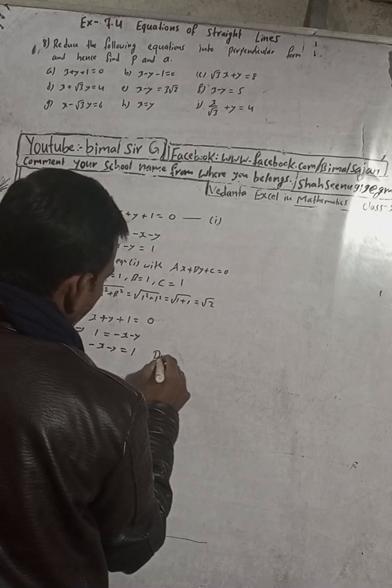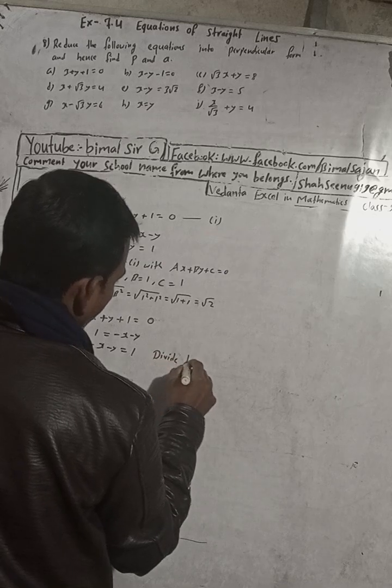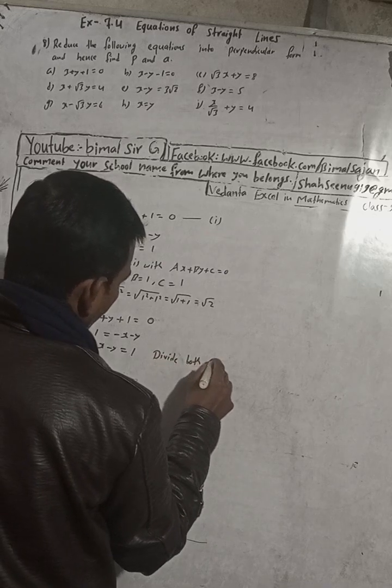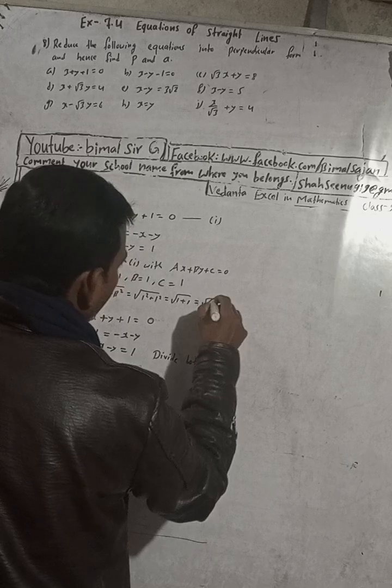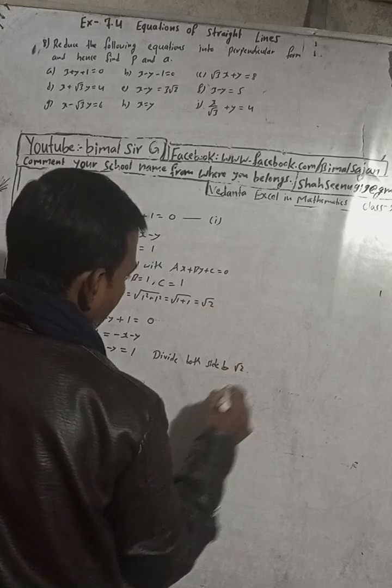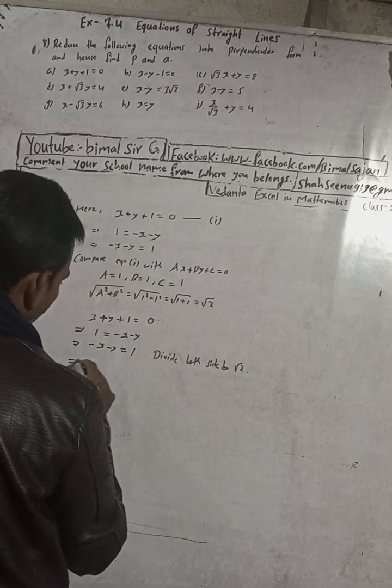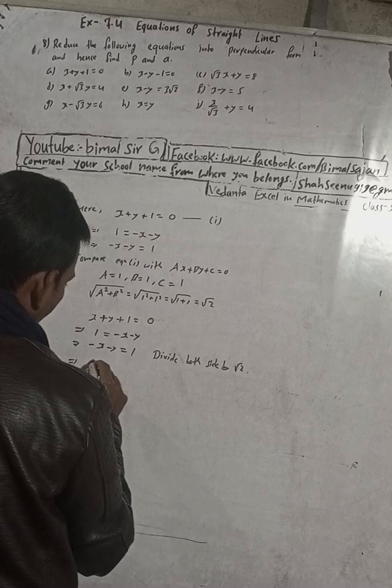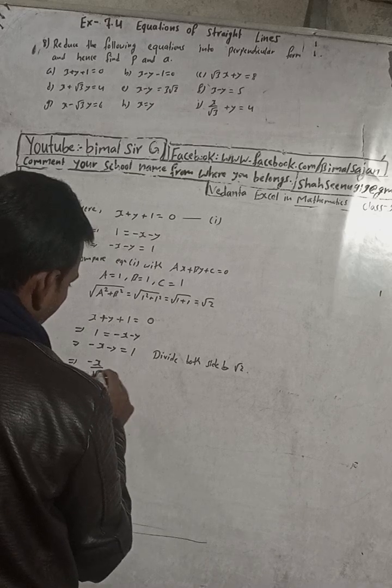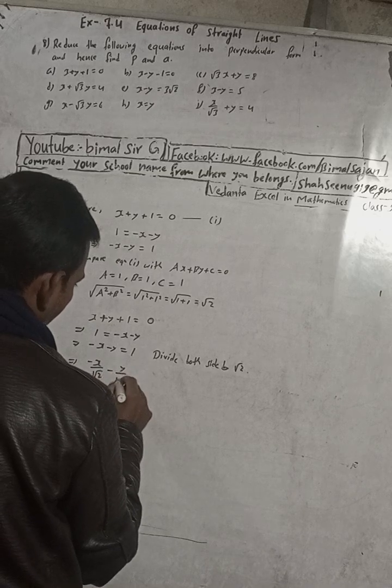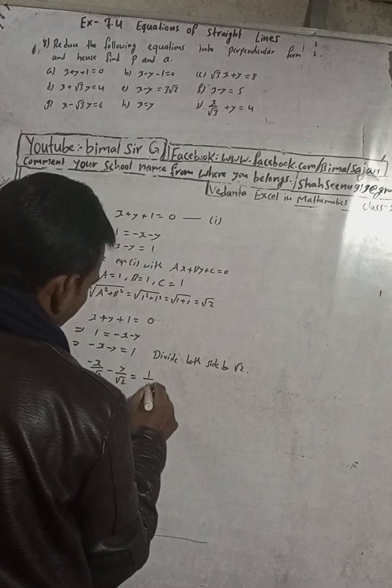Now divide both sides by root 2. This can be written as minus x by root 2 and minus y by root 2 is equal to 1 by root 2.